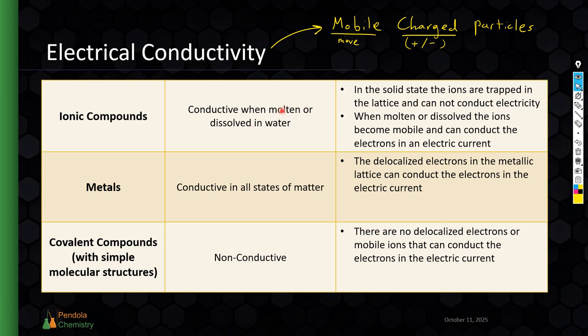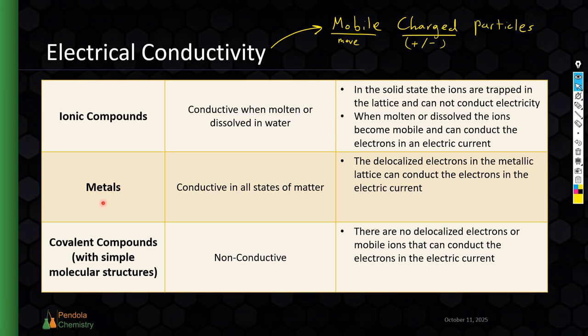They start moving around, they're melted, or they start floating around the water if they're dissolved, because ionic compounds dissociate in water. And so when melted or dissolved, the ions become mobile. Now we have mobile and charged, because they're either positive or negative, particles that can help with conducting electricity through the ionic compound, either in the melted state or in the aqueous state.